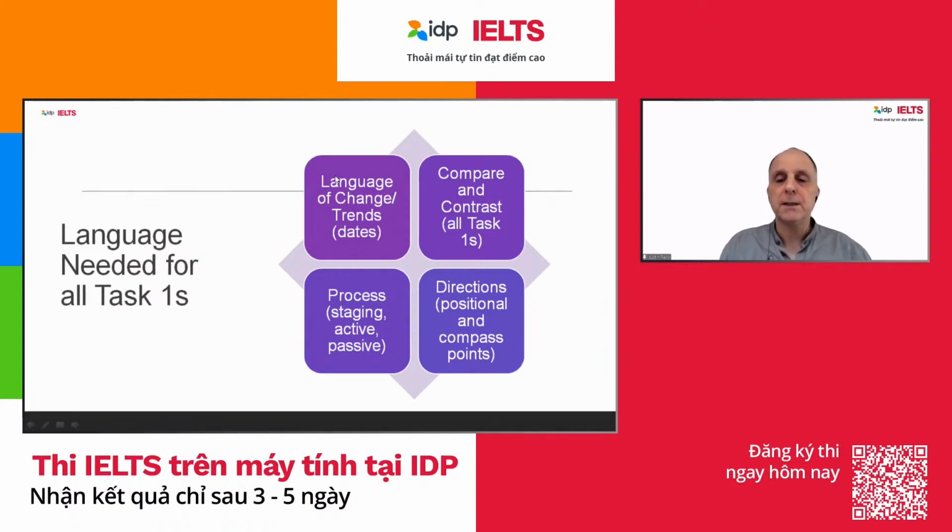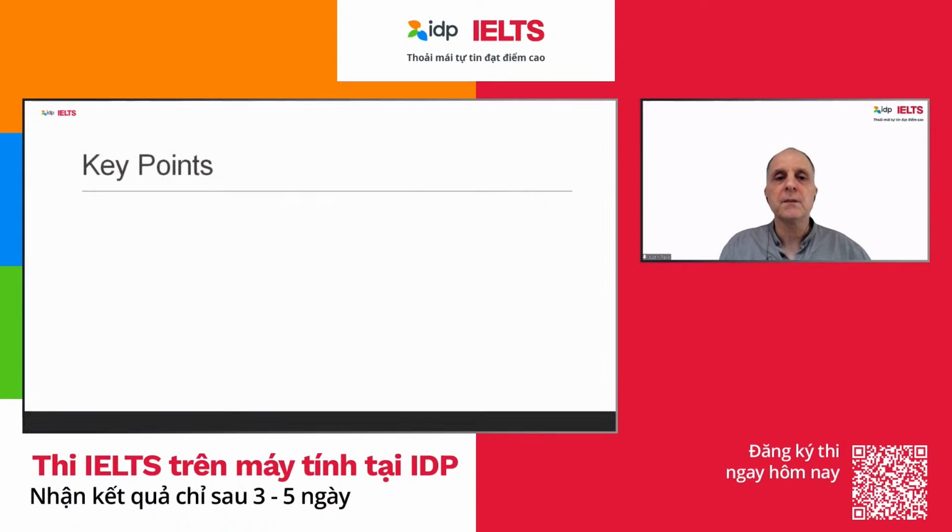We'll go through that a little bit later, and directional language. So compass points and positioning, which can also help you for listening part 2. Now, some key points for task 1. Obviously, aim to do it in 20 minutes.